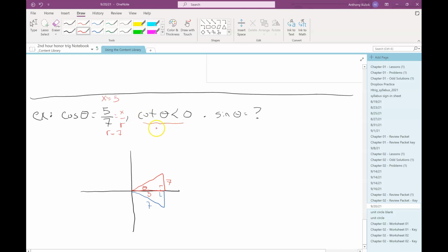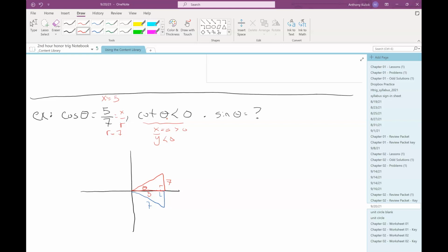So I know that cotangent is x over y. Since x was 5, I know that the x-coordinate is positive. That means the y-coordinate needs to be negative. For a fraction to be negative, either the numerator or the denominator has to be negative, but not both.